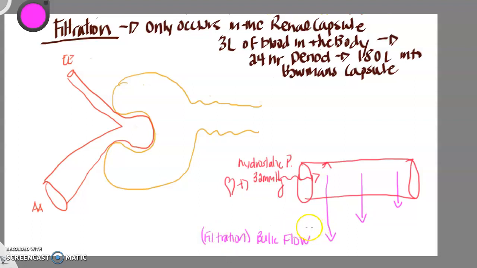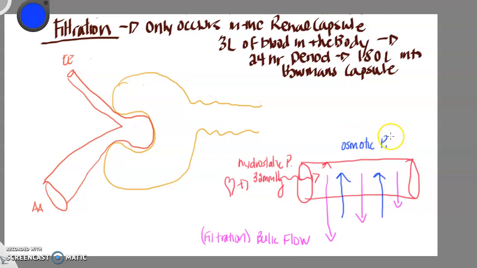So we also saw that we couldn't have all that fluid going out into the interstitial space and then staying there, or we'd blow up like a balloon. So there was a counter pressure, and that was osmotic pressure. And that came from the plasma proteins. Okay, so colloid osmotic pressure.